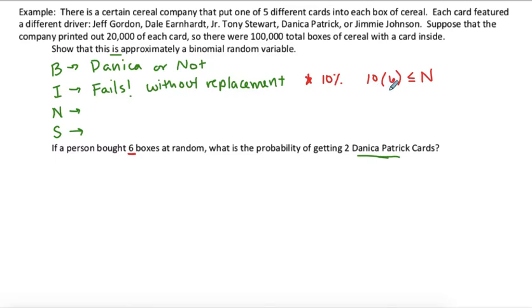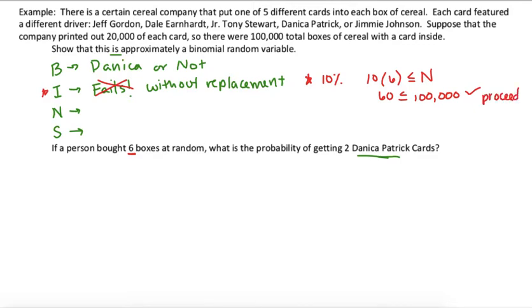Meaning, am I sampling small enough that taking 6 out isn't going to really change this number? So when we think about this, this is 60. Is that less than the 100,000 cards? This is absolutely met. So taking 6 out of 100,000 really hasn't affected the independence. So we will proceed here with caution.